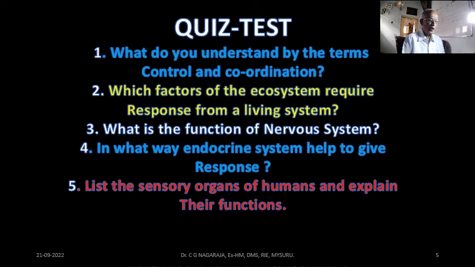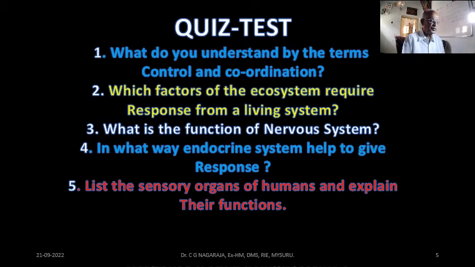4. In what way does the endocrine system help to give responses to the stimuli? Endocrine glands produce hormones. Endocrine glands coordinate the various functions within the system. For example, if the sugar level increases in the blood, then a large amount of insulin is produced and sugar is controlled. 5.